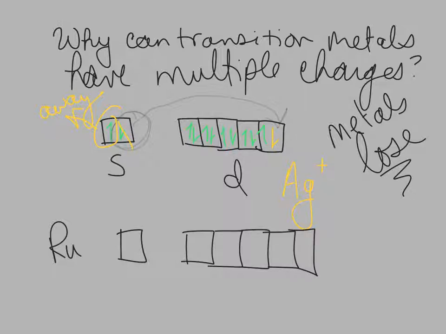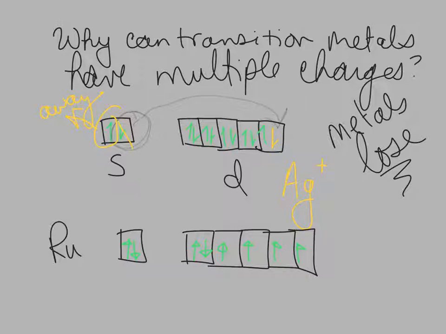And again, this could work similarly for an f orbital. Just half full would be 7, full would be 14. So ruthenium, 2 in the s, and then 6 in the d. So there's 1 paired, and then there's 4 ups.